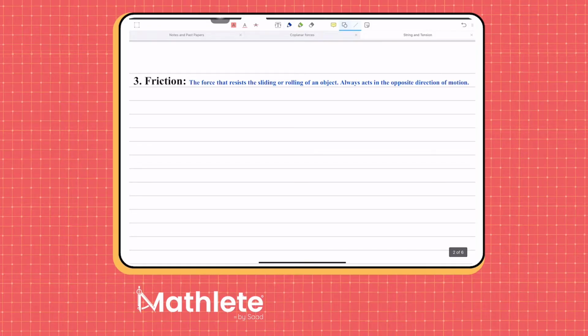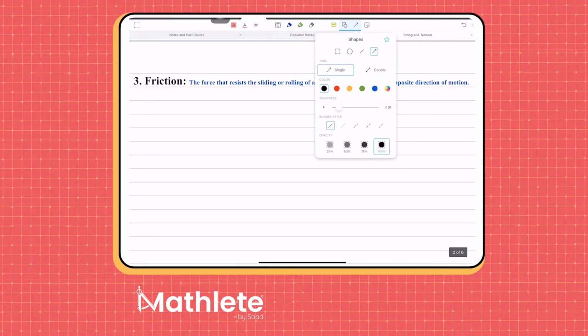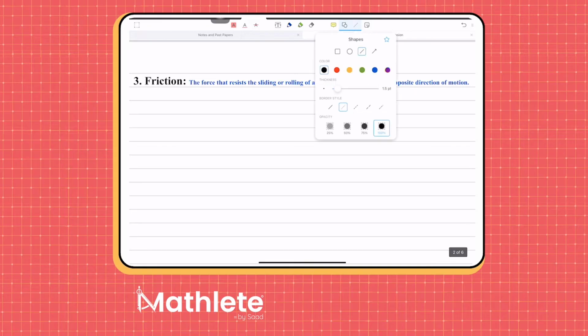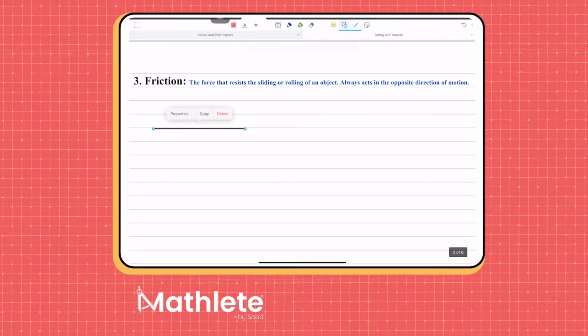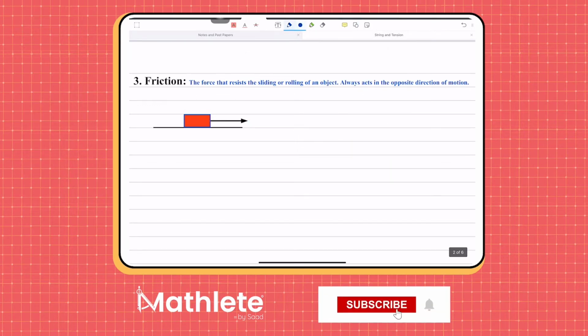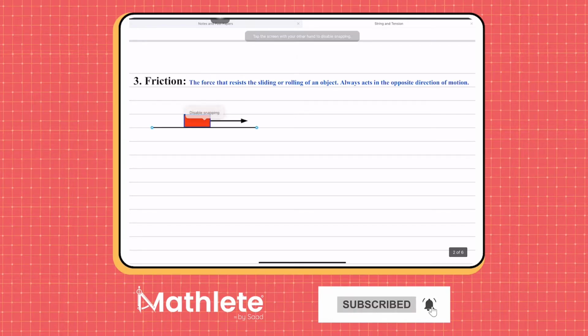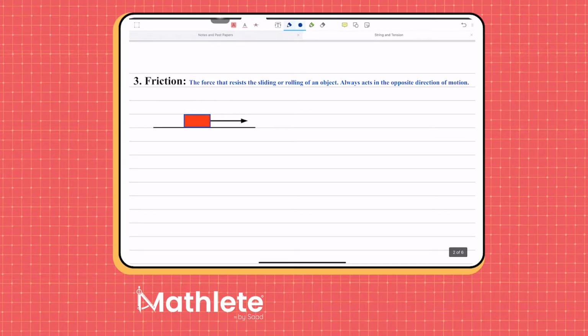So once again, let's say you have an object on a horizontal plane, something like this. This is the plane, and here you have an object. Let's say this object is being pulled, so there's a driving force causing this object to move towards the right.